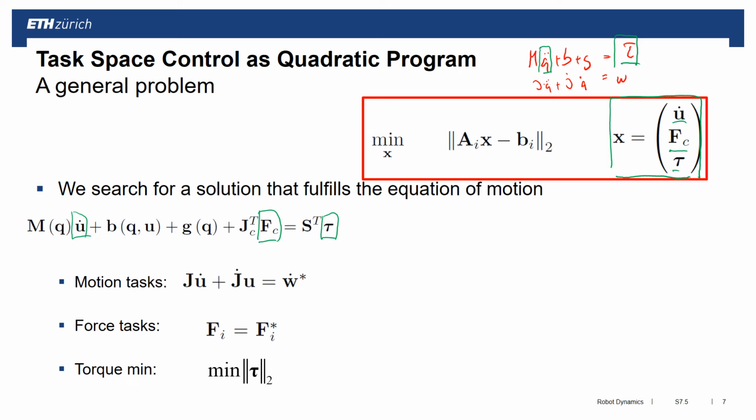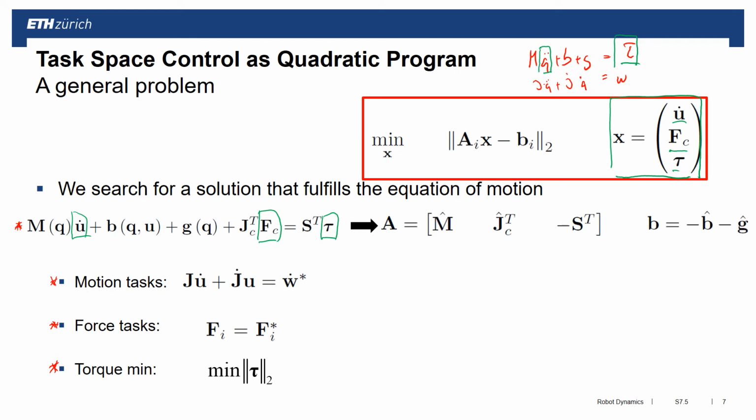And anything, whether it's the dynamics equations of motion, whether it's a motion task, whether it's a force task, whether it's a torque optimization task, can be written as a linear objective in this variable x, which is these three variables u dot, Fc, and tau. And this is what we do in here.